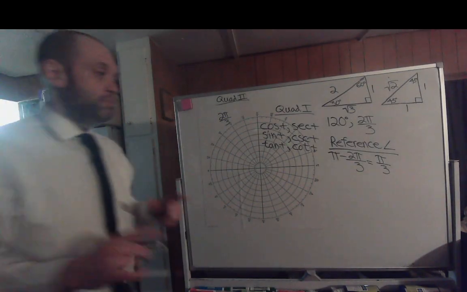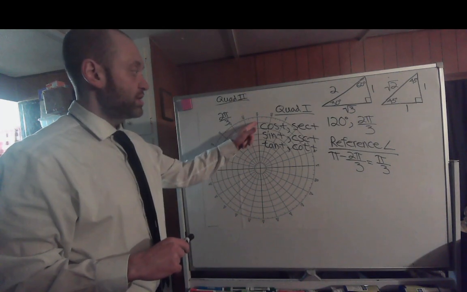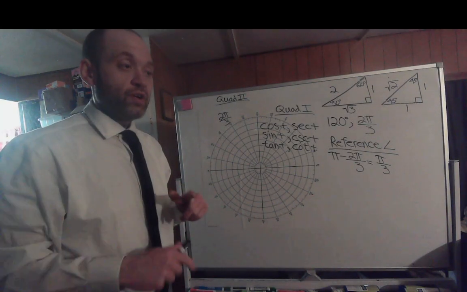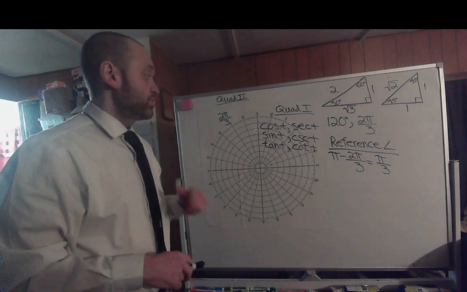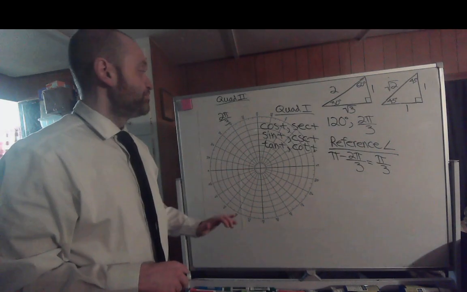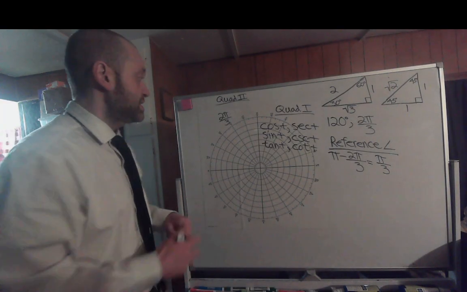A big common mistake people make is they think, well, 120, that's only 30 degrees past 90. And then they treat it like a 30-degree angle and get the wrong answer. Indeed, it is wrong. You have to go by the x-axis and not the y, because you'll get the wrong answer every time if you do that.